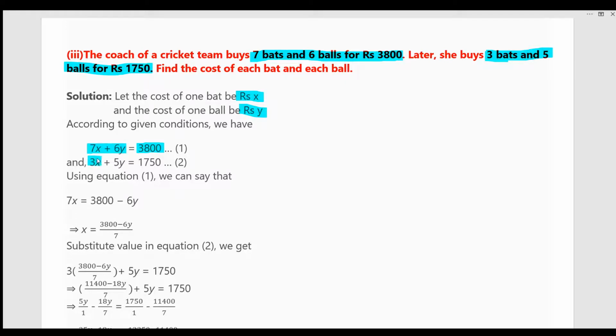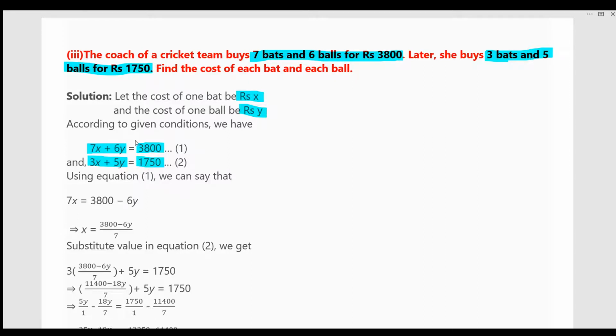So 3x plus 5y, because the cost of one bat is rupees X, so the cost of 3 bats is 3x, and 5 balls is 5y. This is equal to 1,750. So this is my second linear equation in two variables.